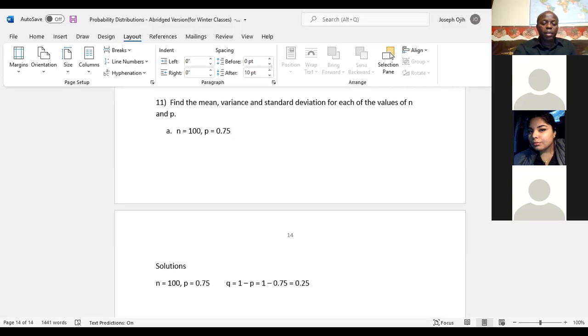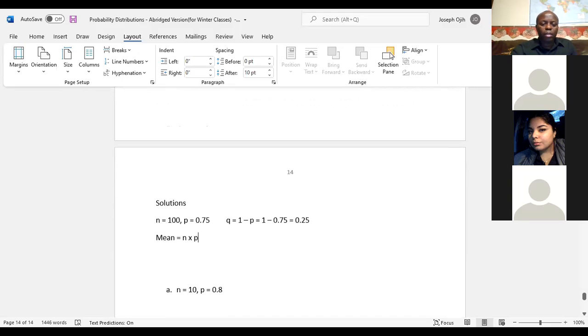So that means the mean equals n times p, which is n is 100 times p is 0.75, equals 75.